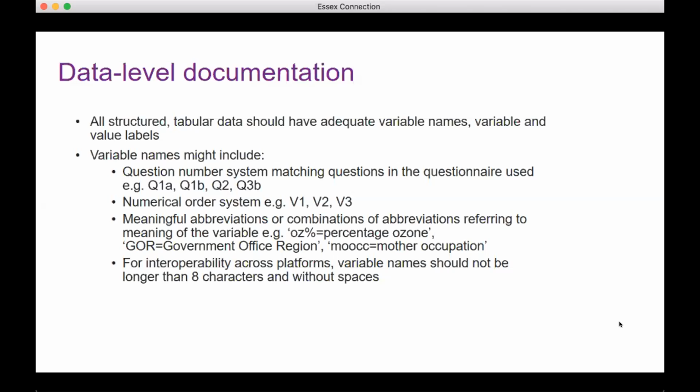Very important is to ensure that they match the question numbers in the questionnaire that was used, also because that questionnaire will be archived as documentation, right? Also important is to use meaningful abbreviations, and for interoperability across platforms, we recommend that variable names should not exceed 8 characters.